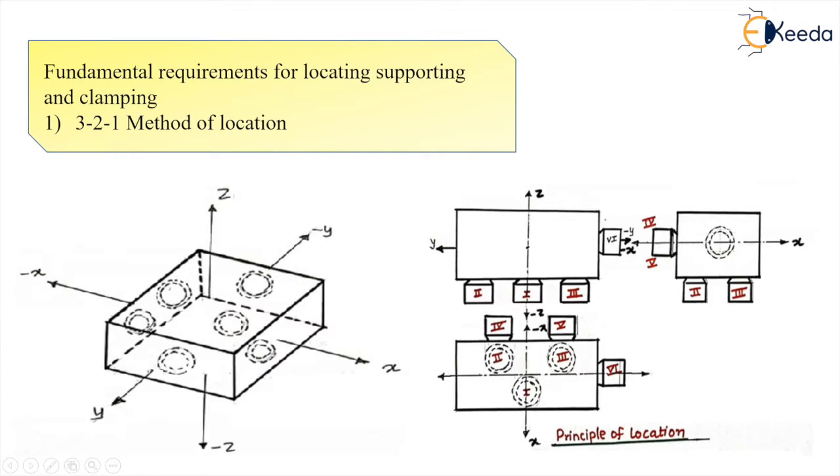So we can say that by the introduction of two pins 4 and 5, the object cannot rotate in clockwise and anti-clockwise direction along the z axis, and it also cannot move along the negative x-axis, isn't it? So a total of 3 degrees of freedom are arrested by putting these two pins. So till now, initially we arrested 5 degrees of freedom by these 3 pins, and now another 3 degrees of freedom because of these 2 pins.